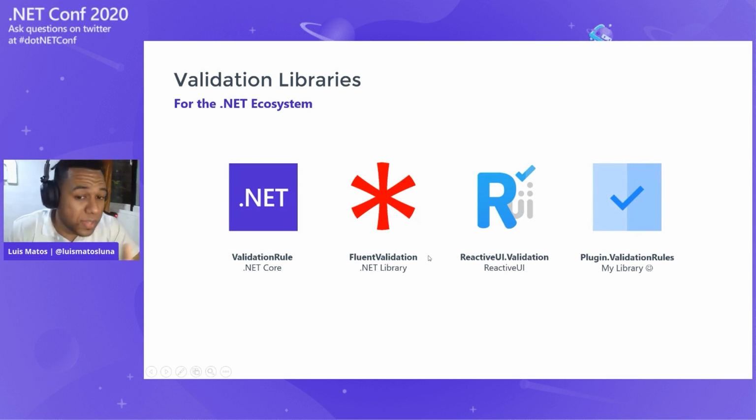I need to say that FluentValidation has support for .NET Standard, but what is the difference between my library and the other libraries that we already have? The difference is that I care about the UI, and you will see why I'm telling you this.